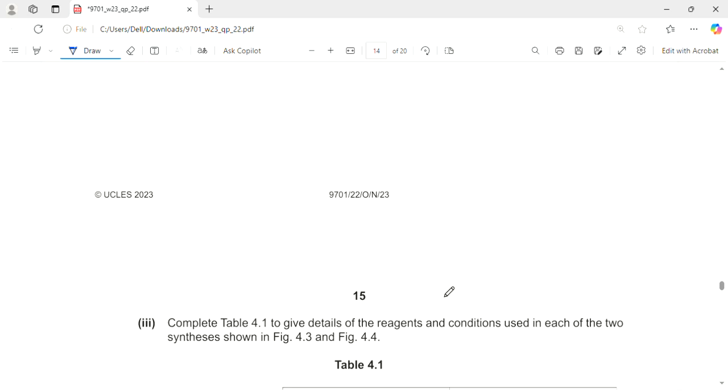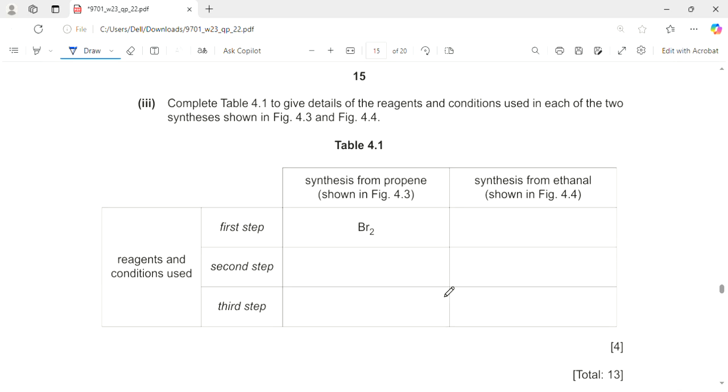Move to the next part. Complete table 4.1, giving details of the reagents and conditions used in each of the two syntheses shown in figure 4.3 and figure 4.4.